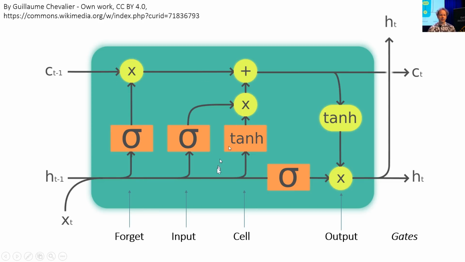We then add it to the second chunk, the second little mini neural net, which goes through sigmoid. So this is just our input. And we multiply it by the third one, which goes through a tanh. So this basically allows us to say which bits of input do we care about, and then this gives us the numbers from -1 to 1, multiply them together, and this adds, so this is how we update our cell state.